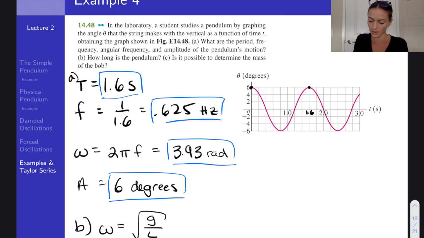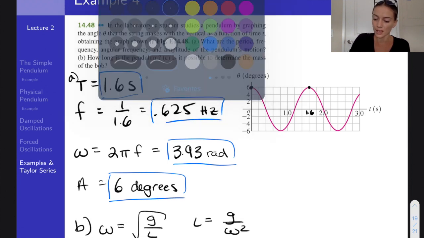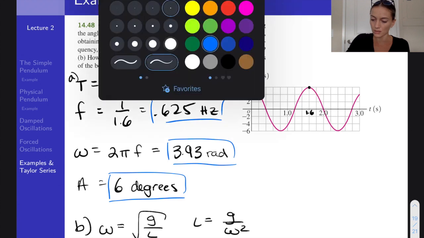We get omega squared equals g over L. And then solve for L. We have L is equal to g over omega squared. So just plug in 9.8 and plug in 3.93 squared. And you end up with L is 0.635 meters. So this is the length of our pendulum.